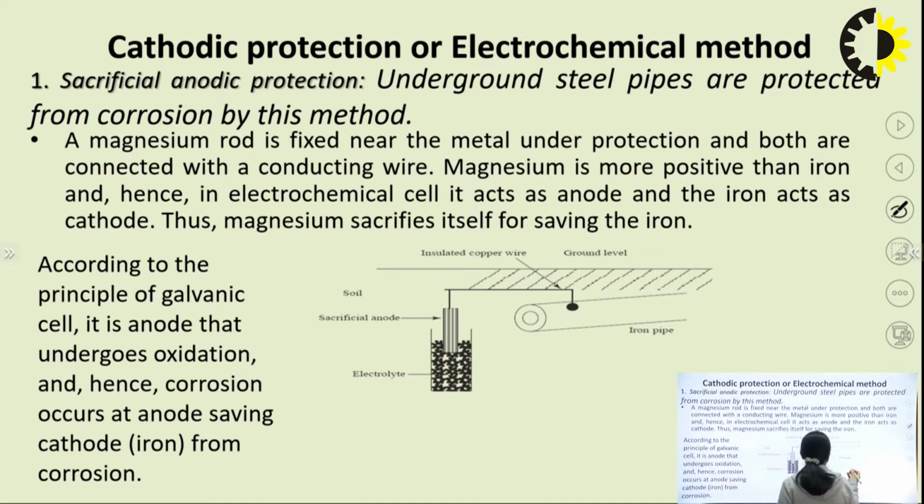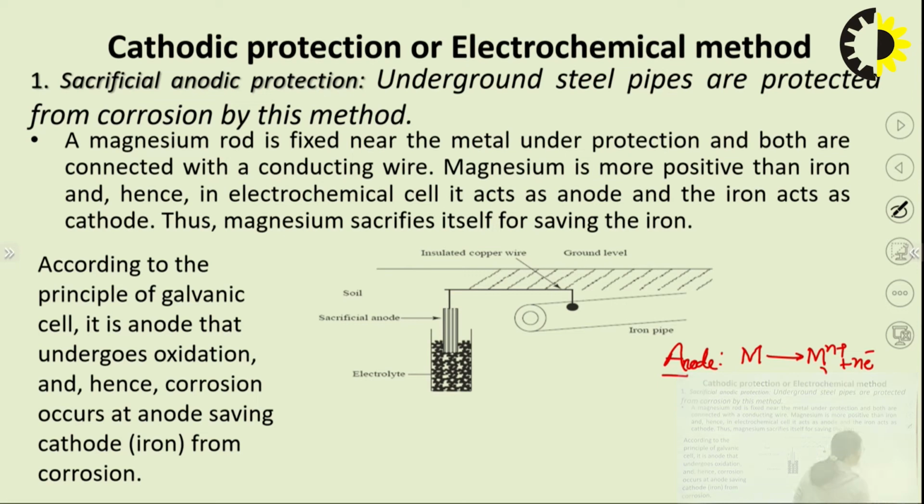Now, the reaction which is taking place at anode is the metal forms metallic ions and releases an equivalent amount of electrons. That is, the metal undergoes oxidation.